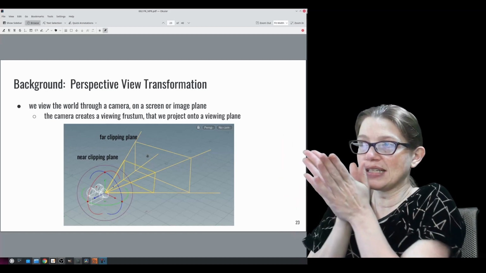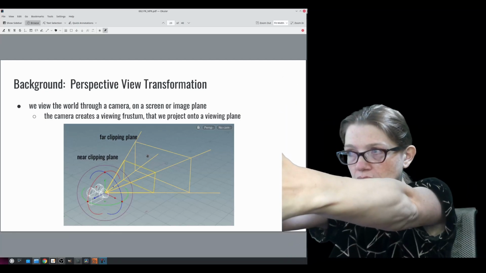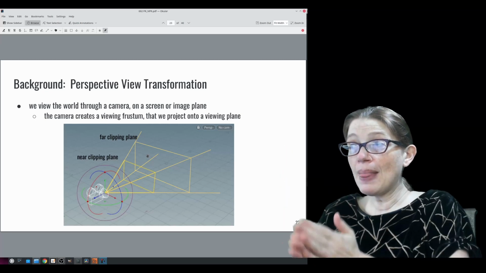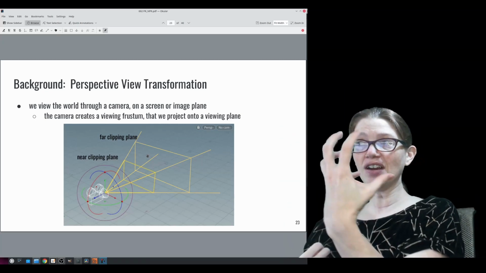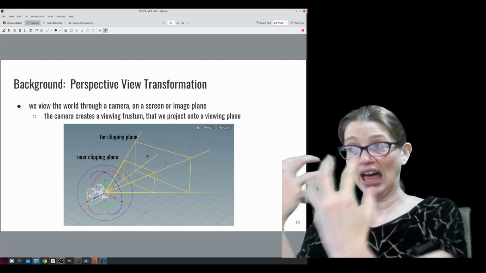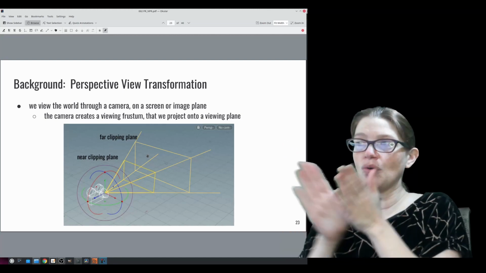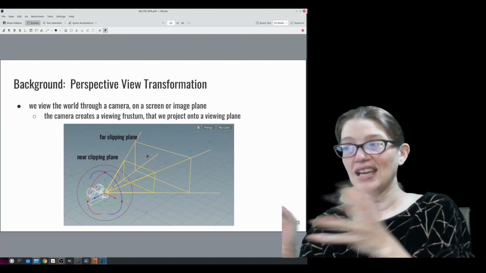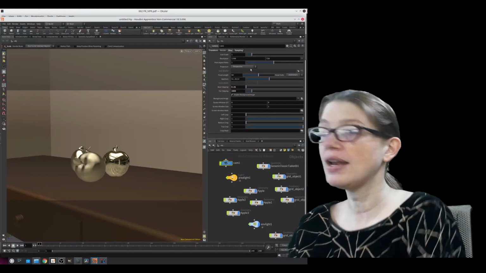Instead of having the rays go out like this, they're going into the world straight. And that means that you don't get the perspective. So the sphere that's in front looks the same size as the sphere that's behind. It's orthographic. It appears flat, and there's no concept of perspective. It's a cool thing, but maybe you don't want to do it.